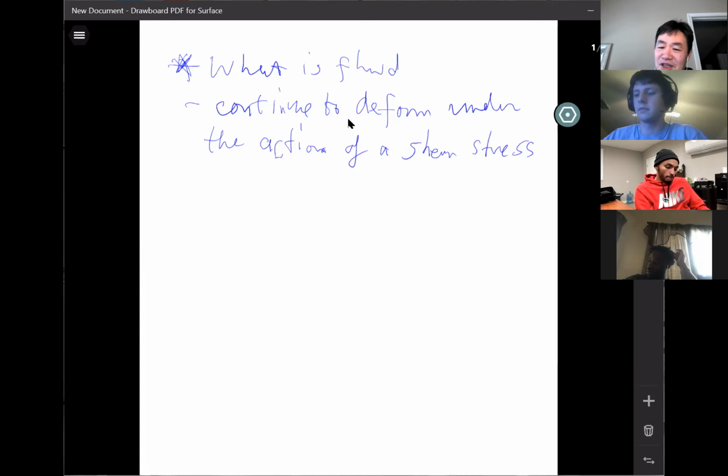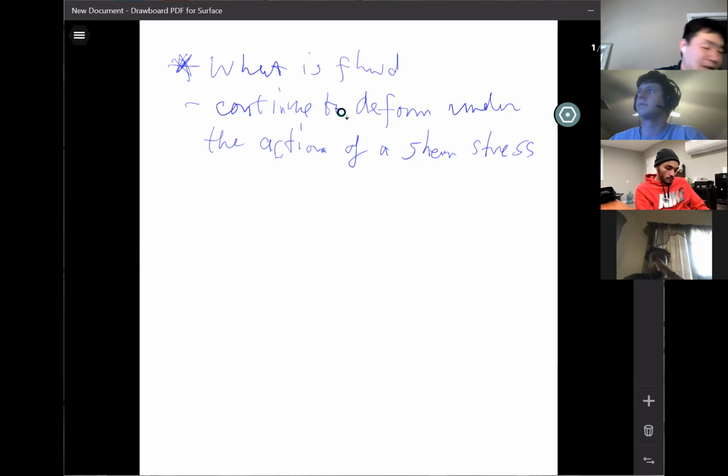It's so easy to change shape. During the shape changing, the velocity changes. So that's what the definition is. Think about all fluids: they will continue to deform under the action of the shear stress.